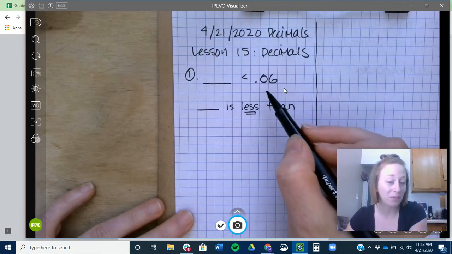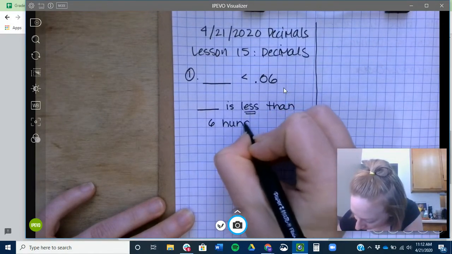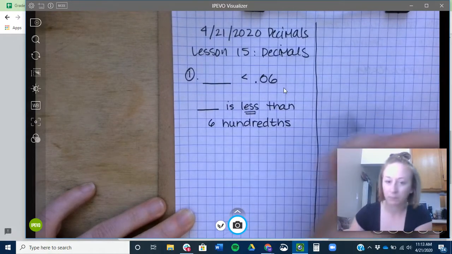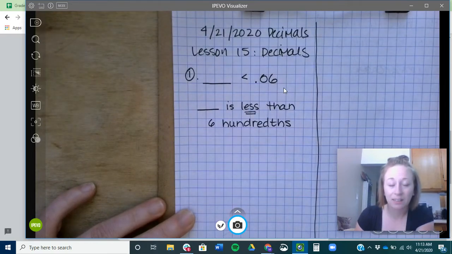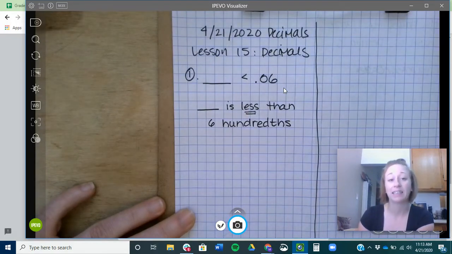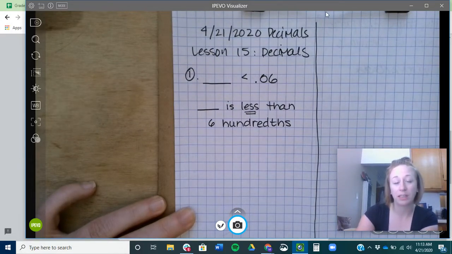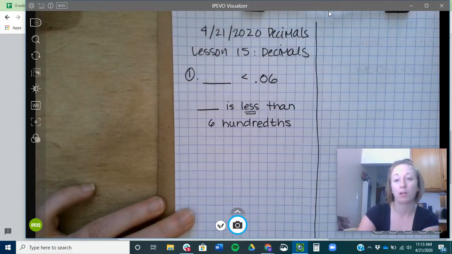Let's write that also in words. So we're looking for a value that is less than 6 hundredths. Let's go through each of our answer choices, but more specifically, let's say their values so that we know we're comparing them correctly.